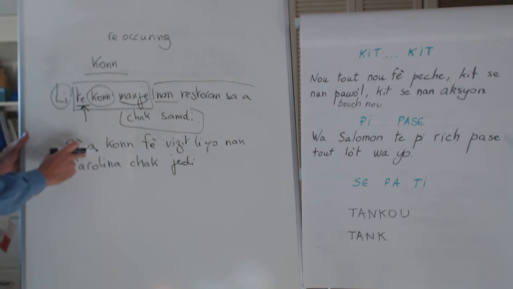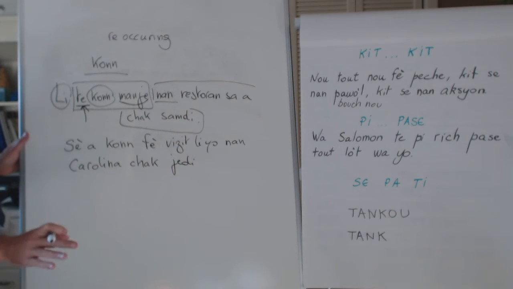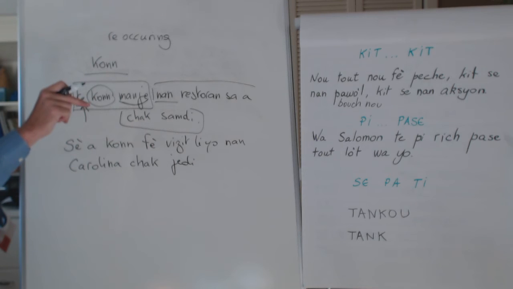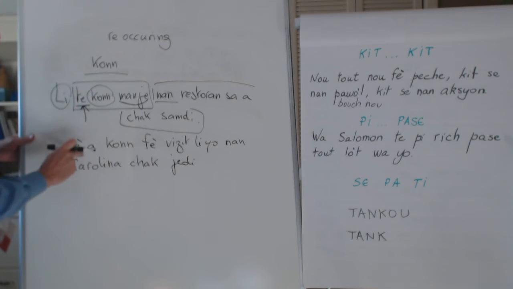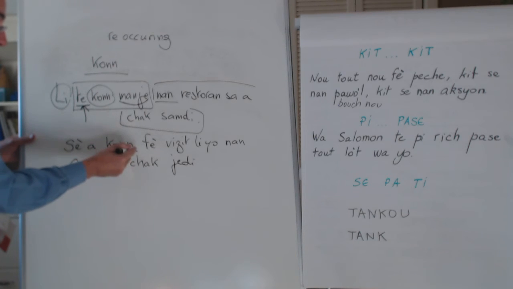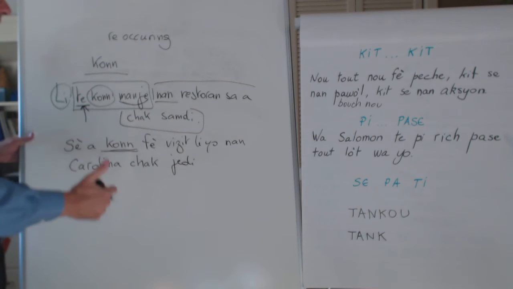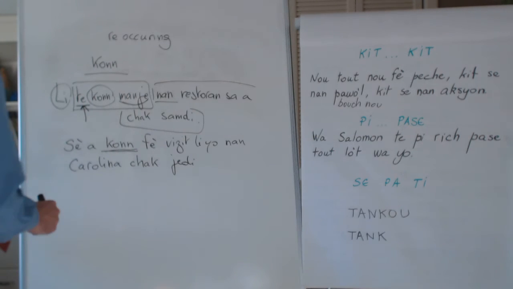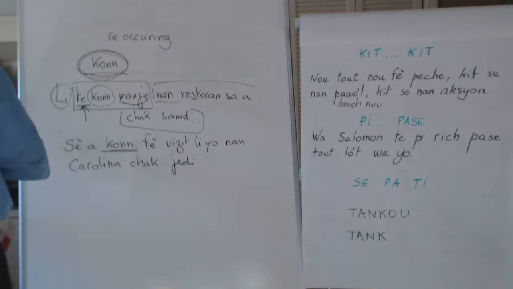The sister is making her studies in Carolina every Thursday. That's what she does. Every Thursday she goes to Carolina and she makes her visits as a Jehovah's Witness, as a doctor, whatever. That's what she does. It's a habit. It's reoccurring. It's an occurrence, right? It happens every week. So in that case, you put conn, the habit.